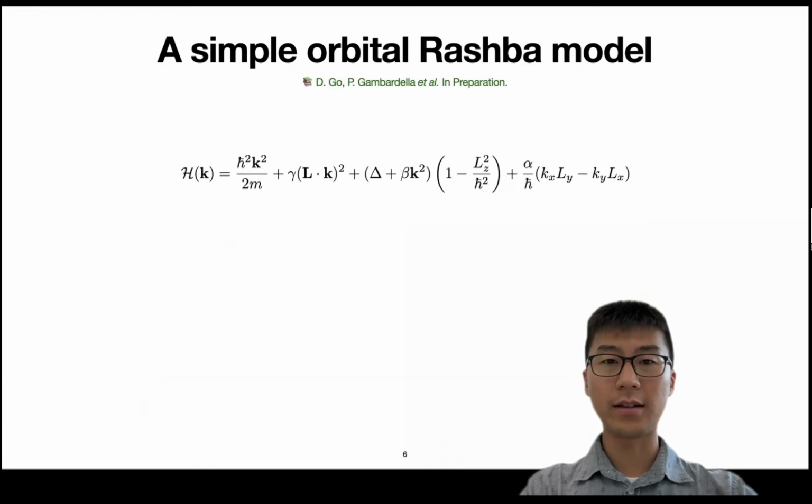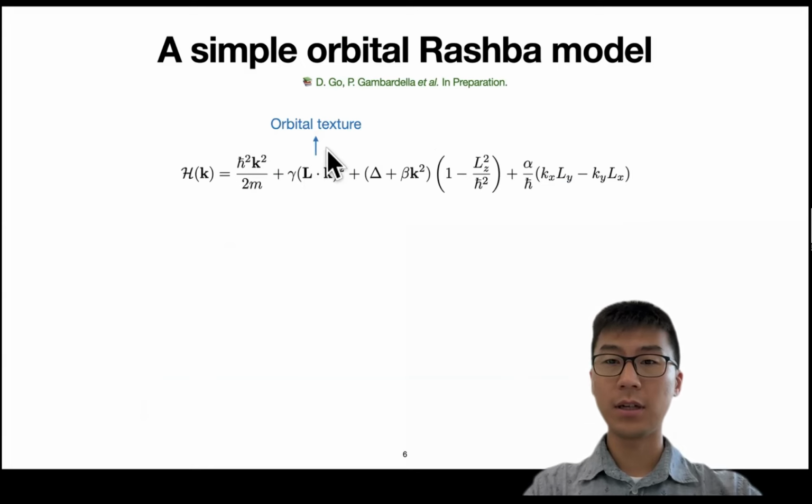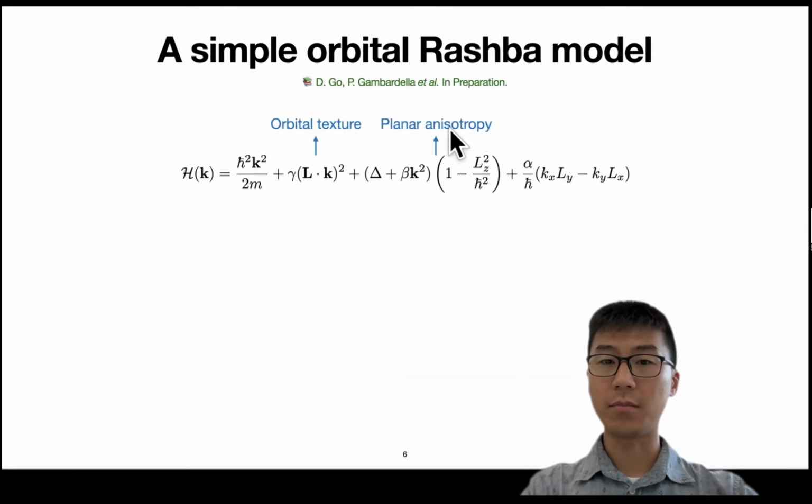So let's consider a simple model with orbital Rashba interaction. This Hamiltonian has several terms: the kinetic energy, and the second part is the orbital texture term, leading to splitting between radial and tangential bands, and then we have a planar anisotropy term. The physical meaning of this 1 minus L_z squared is the projection to the p_z manifold.